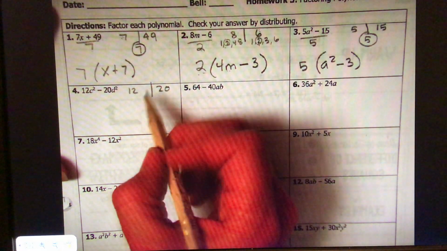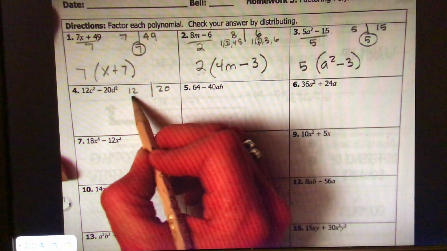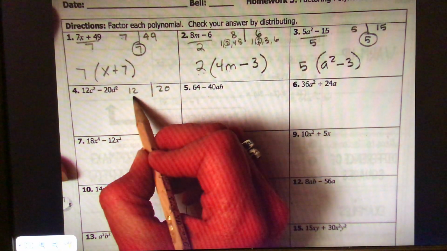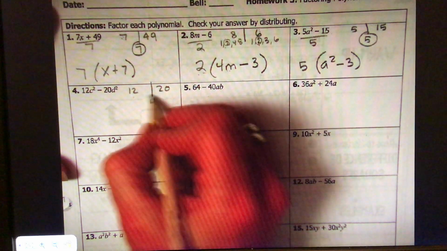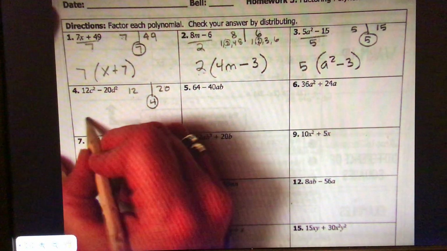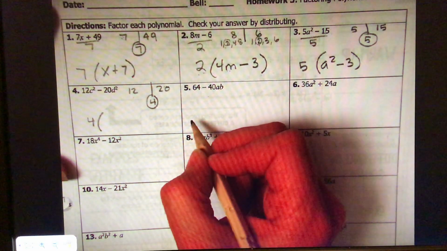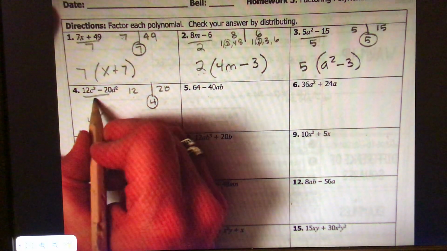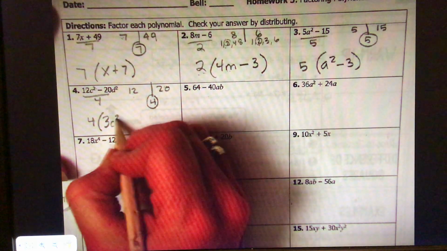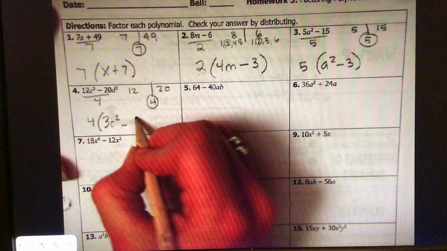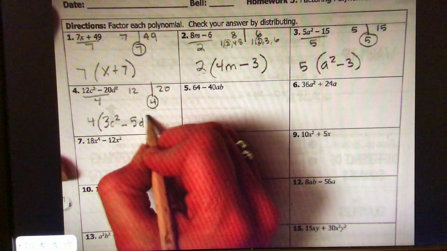Well, I know that 2, 4... I actually think this is going to be 4. Great. 4. And I'm going to stick it all over 4. 12c squared divided by 4 is 3c squared minus 20 divided by 4 is 5d squared.